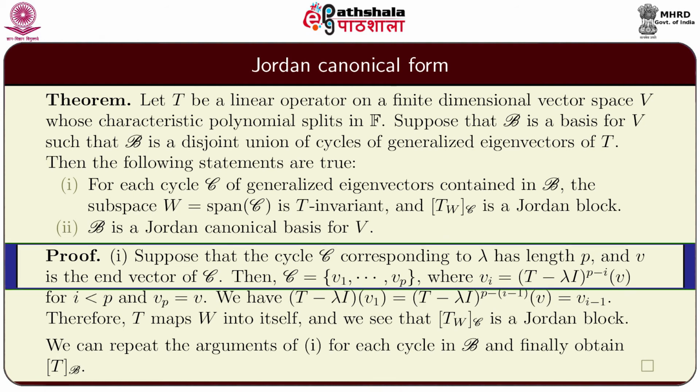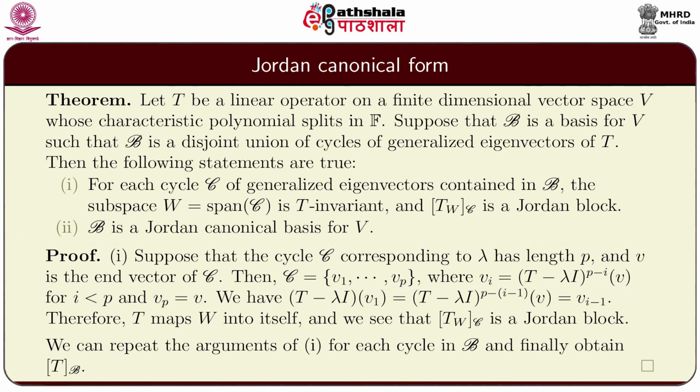Suppose that the cycle C corresponding to lambda has length p and v is the end vector of C. Then C can be written as v1, v2 and so on up to vp, where vi is (T minus lambda I) raised to p minus i of v for i less than p and vp is equal to v.